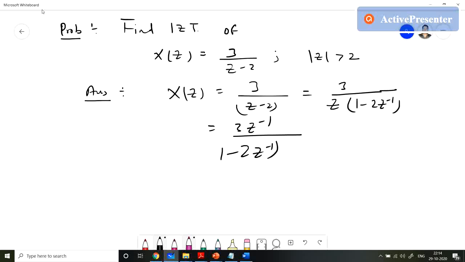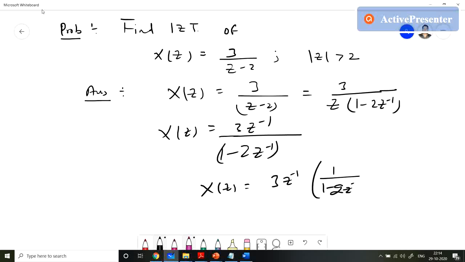Why I am doing this I will tell you later, because it will help in solving the problem. So we can write it in this manner.